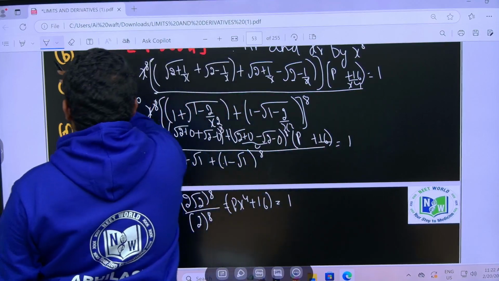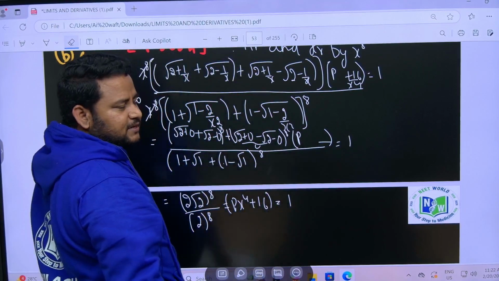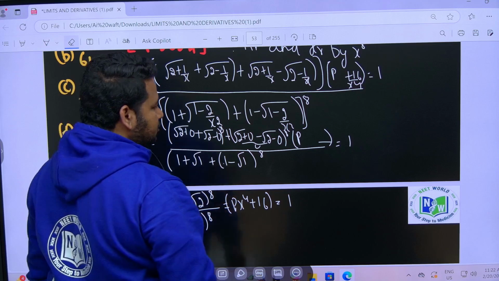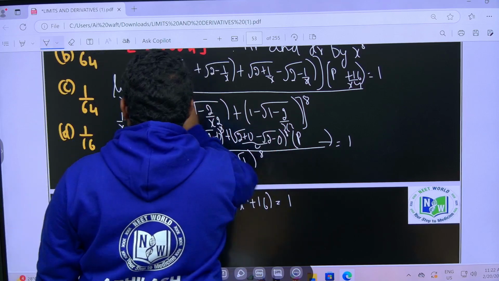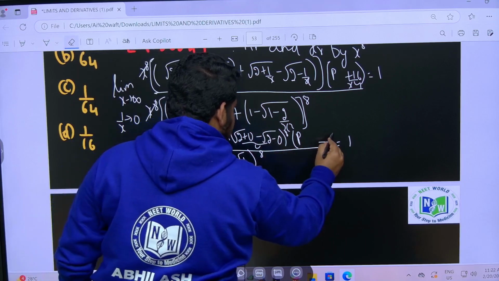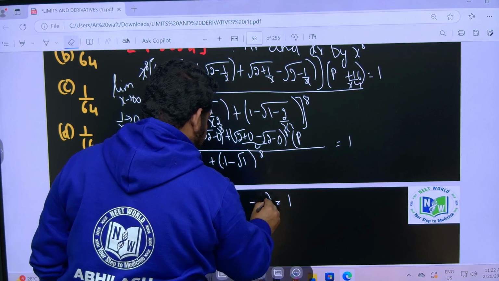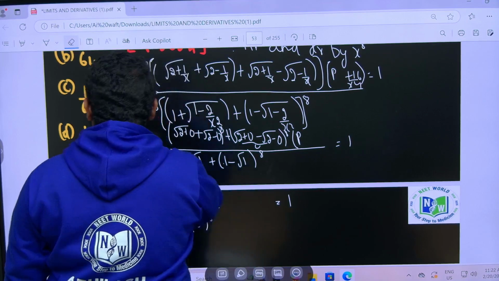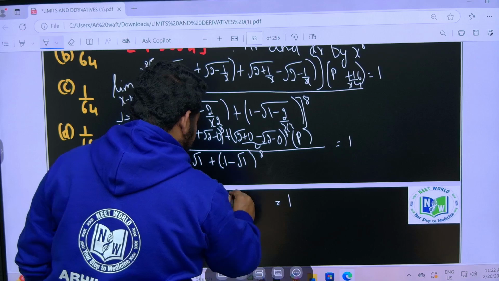So here it will be only p, because 16 by x to the power of 4, 16 by infinity is 0. So this will be only p. Here also it will be only p, that is equal to 1.